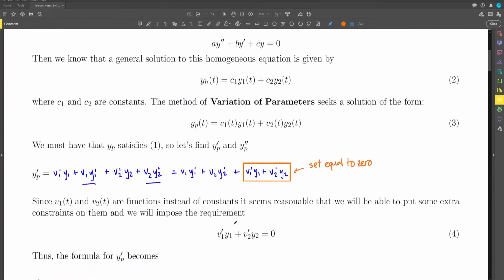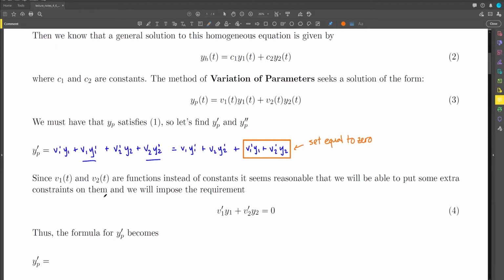Okay, now I've written that down here as equation 4. So that simplifies yp prime a little bit, right?